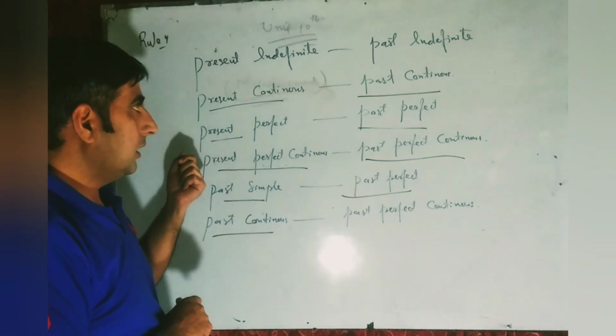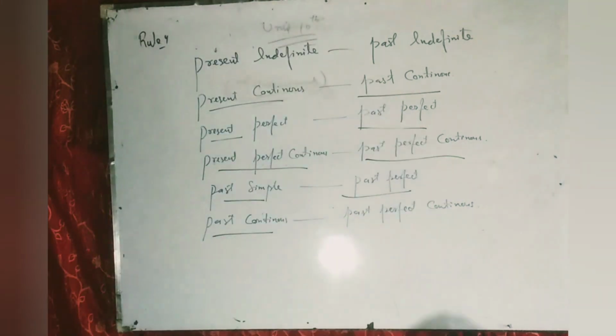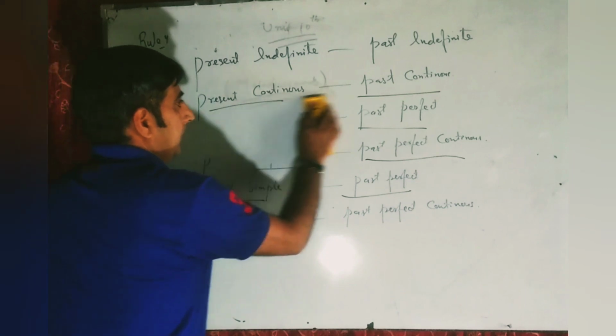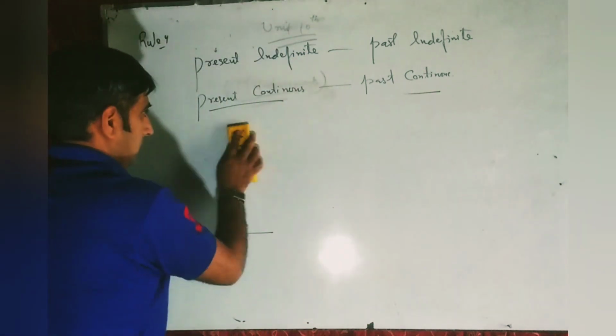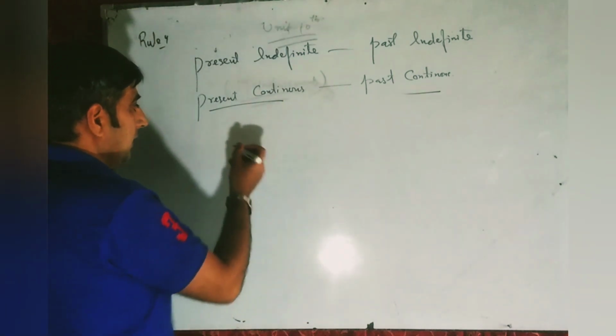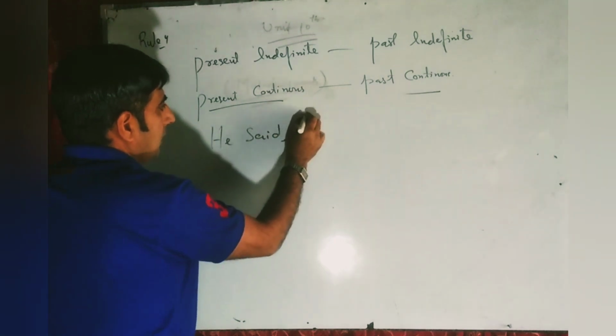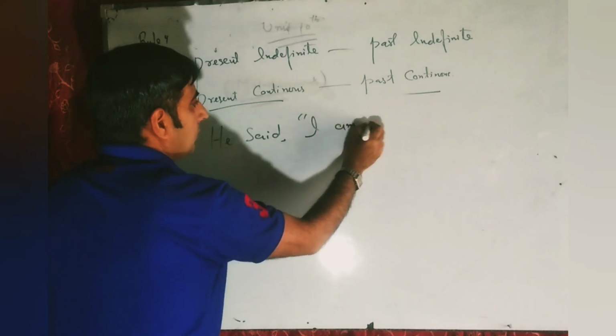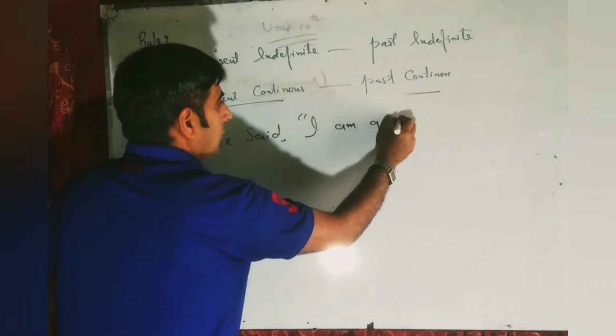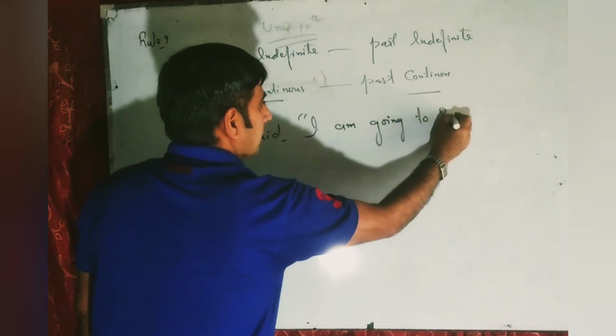So I'll give few examples so that you'll understand it. See the present continuous. He said, I am going to Srinagar.